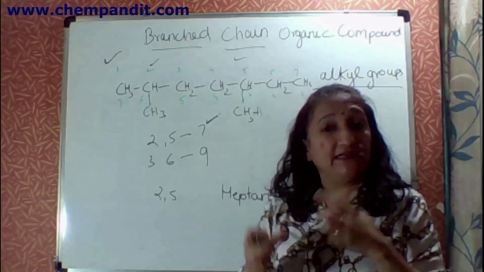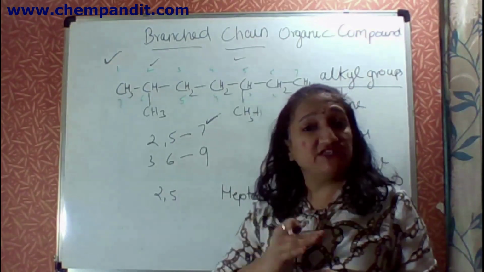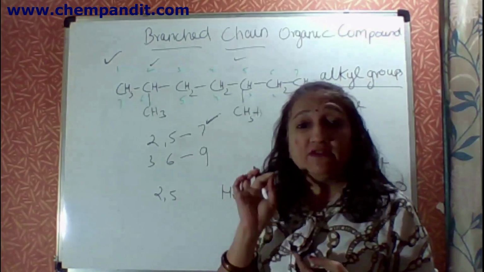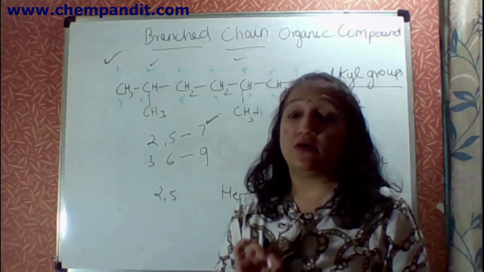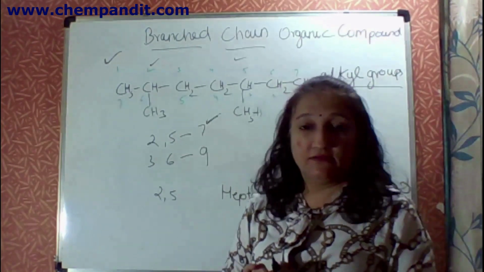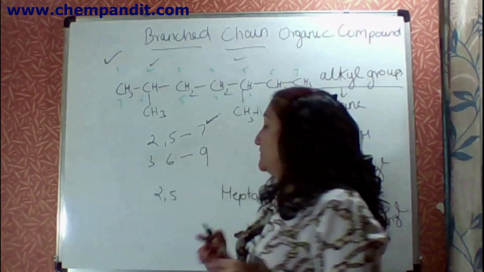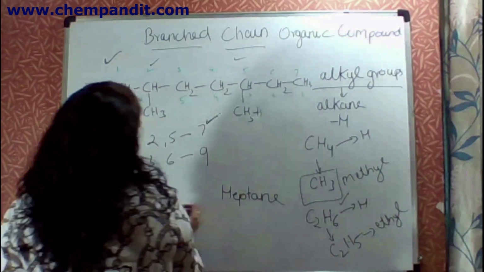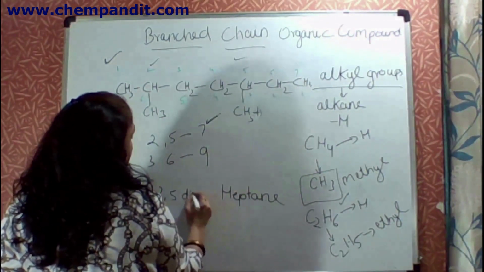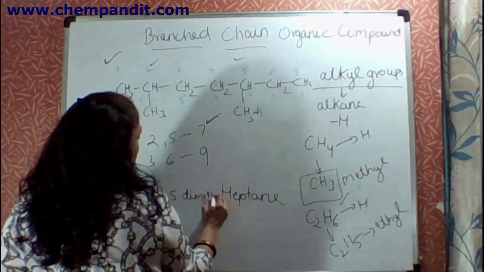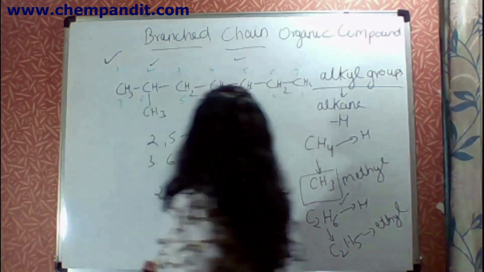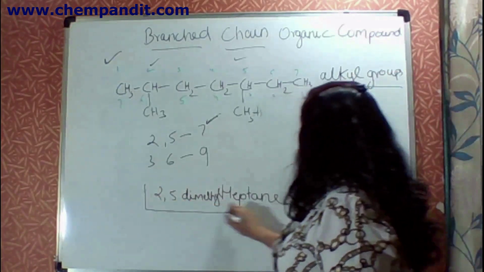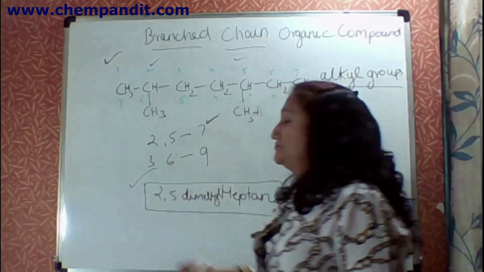Whenever we have multiple substituents, we will mention their positions, and if the substituent groups are the same, then we will use the prefix di, tri or tetra. Are you getting the point? So here the name will be 2,5-dimethylheptane. 2,5-dimethylheptane is the final name of this organic compound.